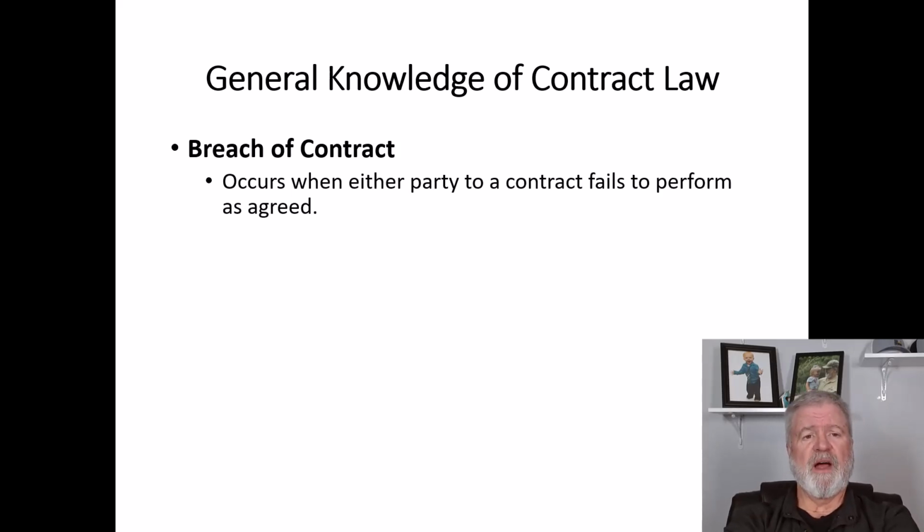But now let's talk about breach of contract. Now we're actually under contract, right? Contract's ratified. Well, what does breach of contract mean? That means that one of the parties has failed to perform or do something they agreed to. Typically, not all the time, but typically when there's a breach of contract, it's going to be by the buyer.